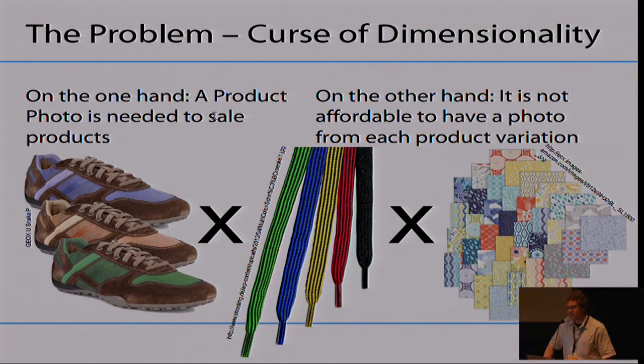But on the other side, you have to stand out of the masses, and you could use mass customization to do this. But here we have a large problem to face, and this is the so-called curse of dimensionality. So for example, let's assume you sell shoes and you have 10 different colors of shoes, and you have 10 different kinds of shoe strings, and you have 10 different types of materials, and the customer can choose among those parameters as he or she wants.